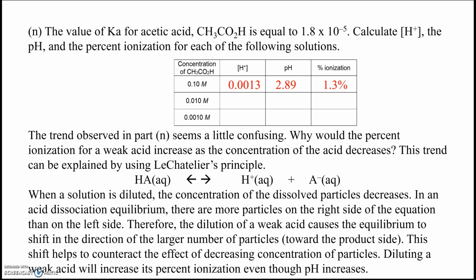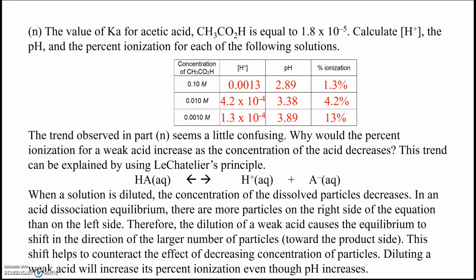So when we do that for all 3 of these solutions, we get an interesting result, which seems to say that the more we dilute this acid, the greater it's ionized. On the surface that may not make sense, but it does if we look at Le Chatelier's principle, because the more we dilute the solution, the lower the concentration goes.